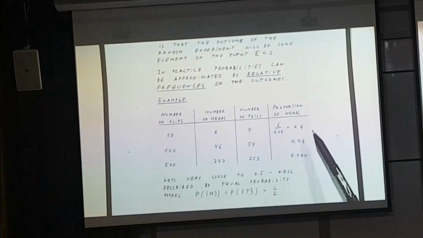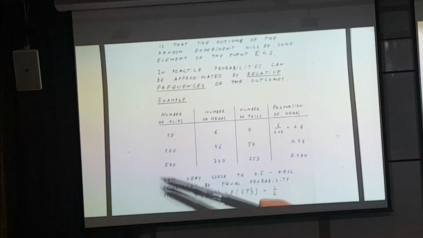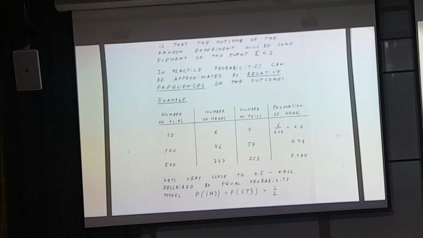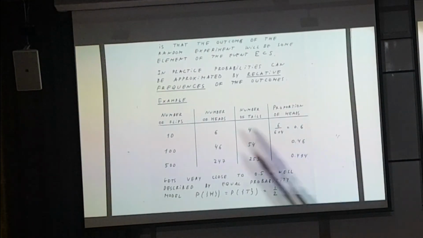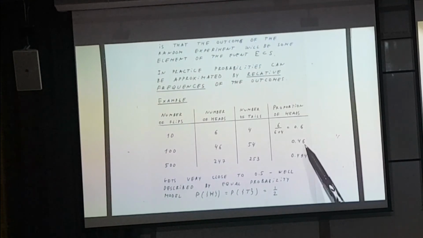This is just one possible experiment, but you can test that you should assign probability 1/2 for heads and 1/2 for tails in a single flip by repeating the experiment many, many times and noticing that the proportion of heads approaches 1/2. So it may look like this: 0.7 for 10 flips, 0.46 for 100 flips, 0.494 for 500 flips. It's just one hypothetical situation.